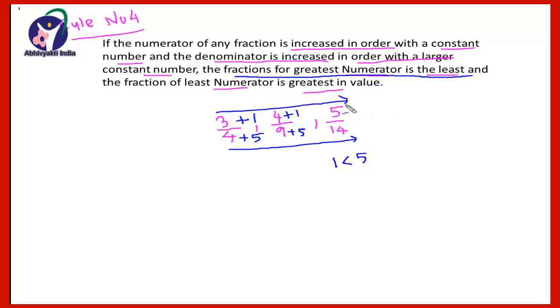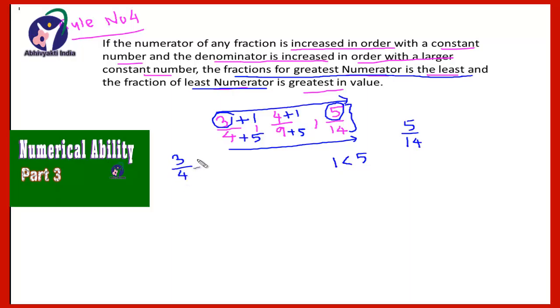The fraction with the greatest numerator, that is 5, so 5 by 14 is the least or the smallest fractional number, and the fraction with the least numerator, which is 3, so 3 by 4 has the greatest value. Therefore 3 by 4 is greater and 5 by 14 is the smallest number.